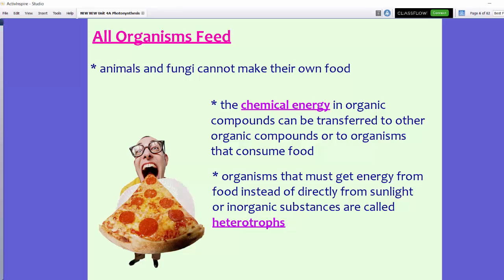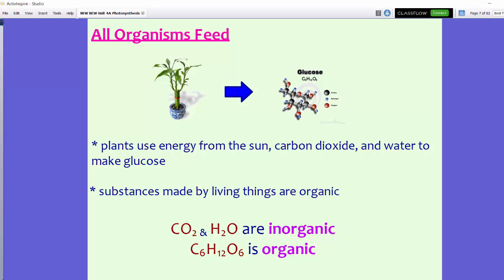Those organisms that must get energy from food instead of directly from sunlight or inorganic substances are called heterotrophs. So you and I, we are heterotrophs. The mushrooms that you ate on that pizza, heterotrophs. They also cannot make their own food.